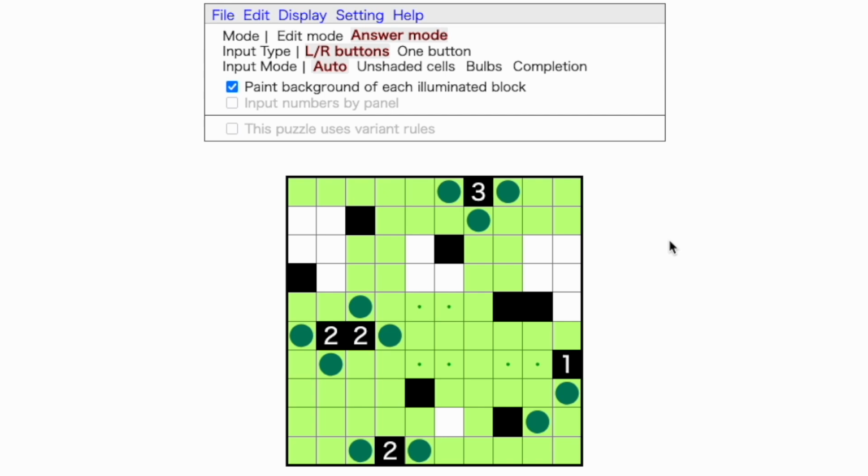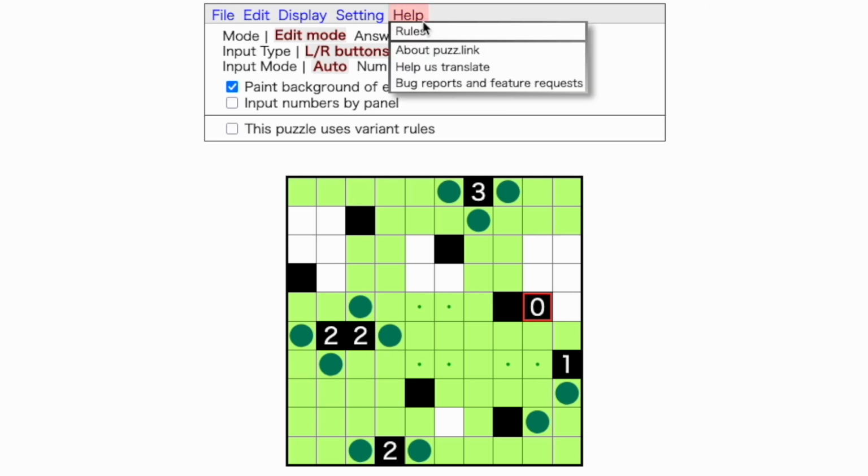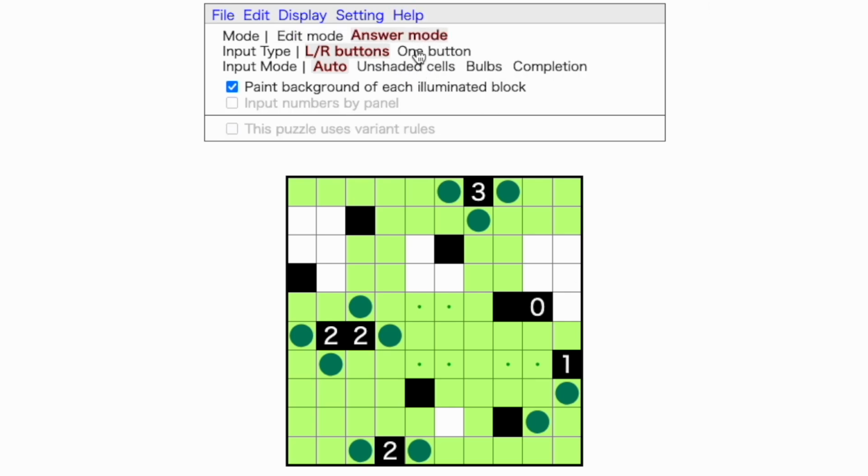I would love to do something with a 0 clue. Let's see. If this is a 0 clue, I'm going to try this. If this is a 0 clue here, then we're going to need to figure out how to illuminate this cell.